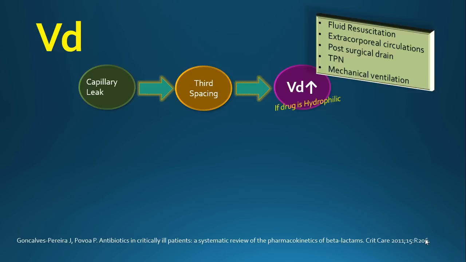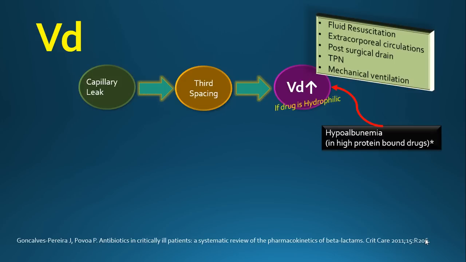That is fluid resuscitation, extracorporeal circulations in the form of renal replacement therapy or ECMO or whatever. Post-surgical drains also increase the volume of distribution because the drug actually goes into that. TPN also increases it, and mechanical ventilation also increases it.